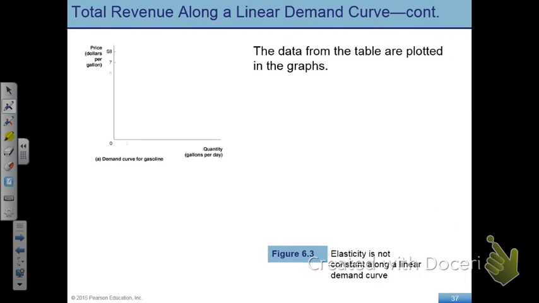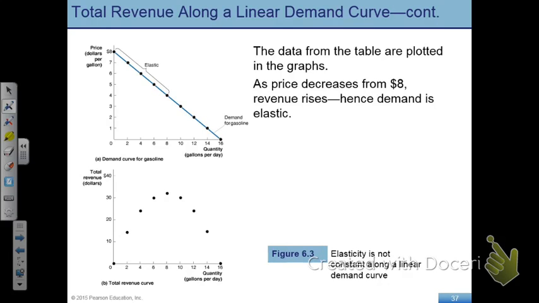When we put these numbers in a graphical setup, we will see first that the upper figure is just plotting the first two columns in your data, price and quantity demanded. As you can see, it's a downward sloping straight demand curve. You know that the slope is constant here, right?